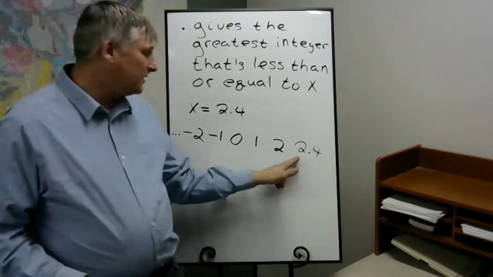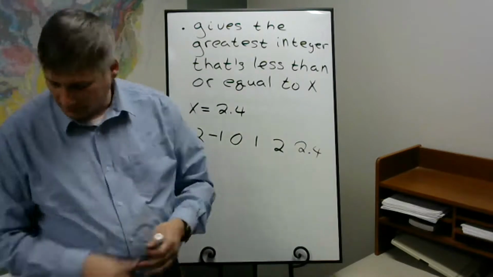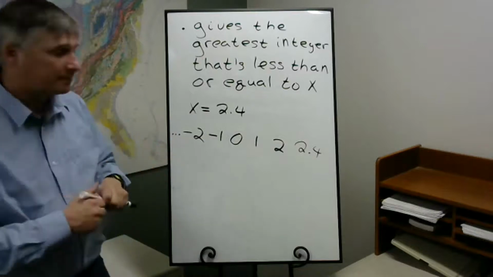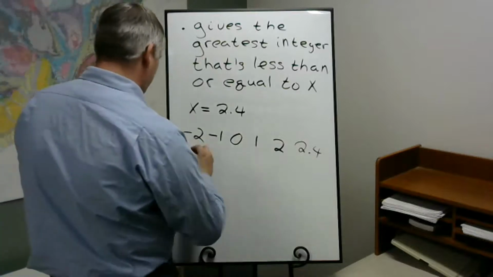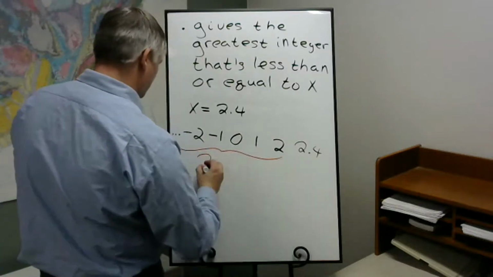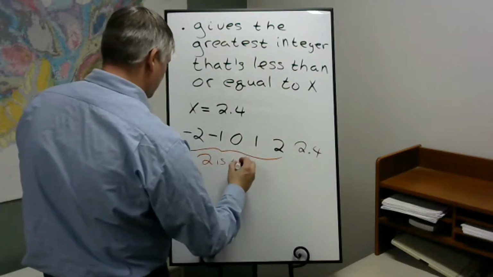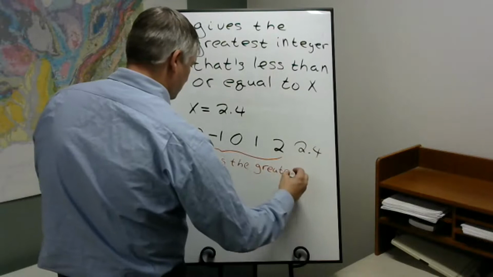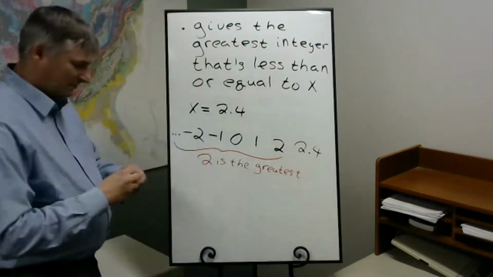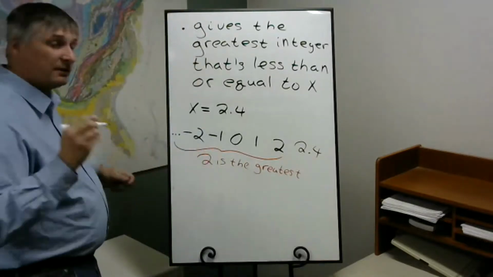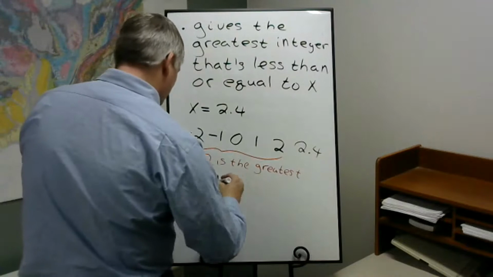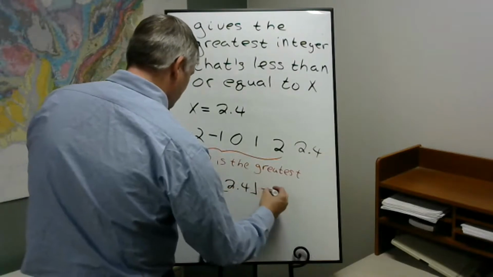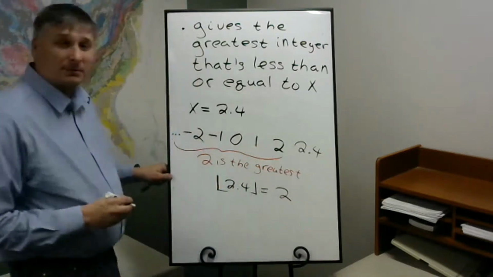So if we think about all the integers less than 2.4, what we want of these is the greatest one. So that means it's going to be equal to 2.